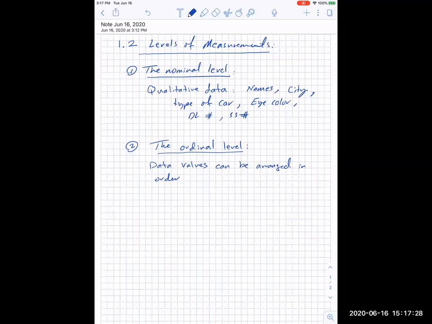So there is some type of ordering that you can apply. You can sort your data from lowest to highest, best to worst, and so on. So there is a type of ordering that can be applied to the data. So that's why we call it data at the ordinal level.